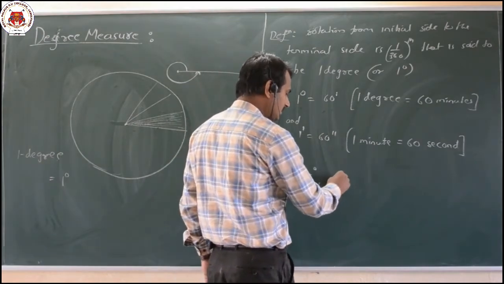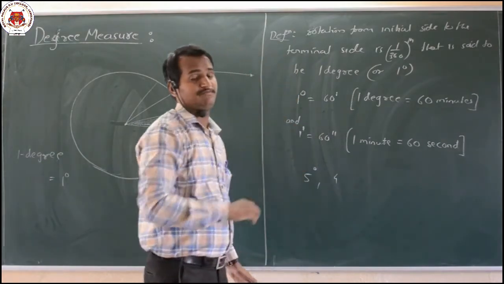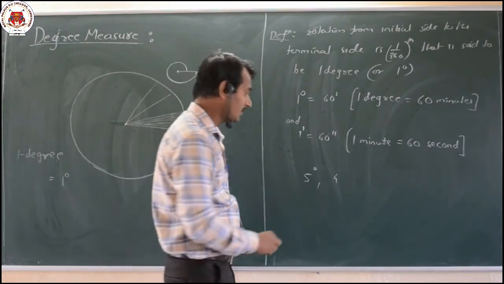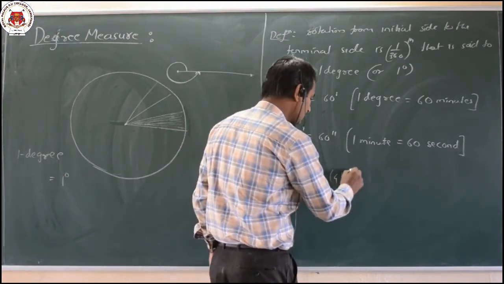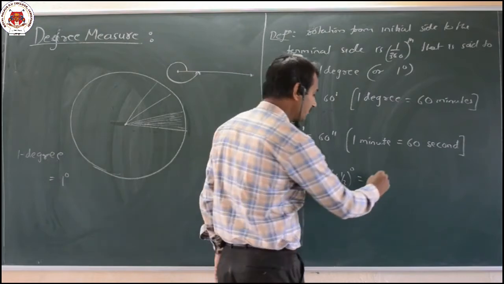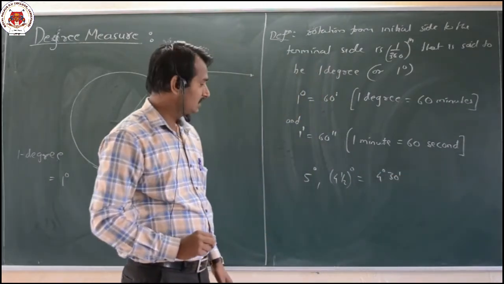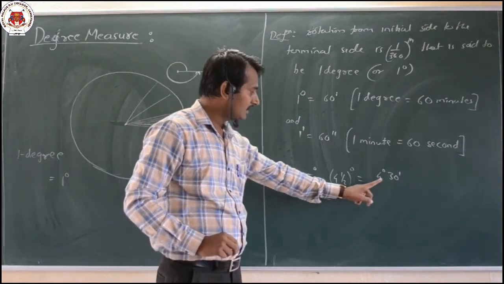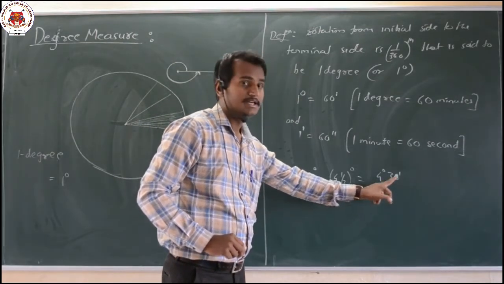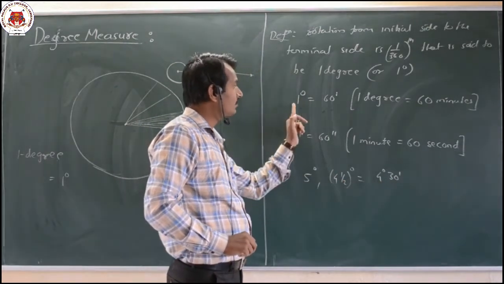If I say 4.5 degrees, dear students, it is very important: it is nothing but 4 degrees 30 minutes. Why? Because 1 degree is equal to 60 minutes, so half a degree is 30 minutes.